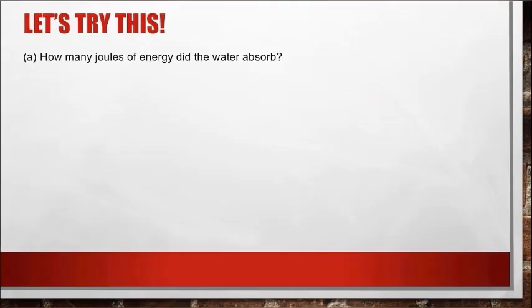Question A asked how many joules of energy did the water absorb? In order to calculate the energy that the water absorbed, we have to use this formula. Q equals m c delta T. This is the formula that is derived from the formula of specific heat capacity. Since the mass of water is given in the question, you have to use the formula that has mass in it.